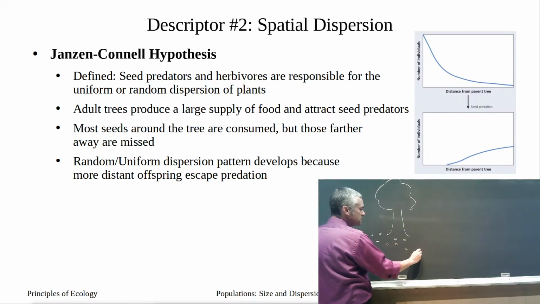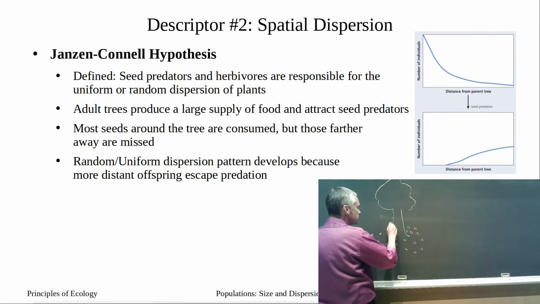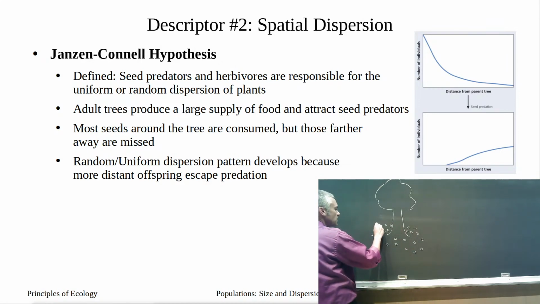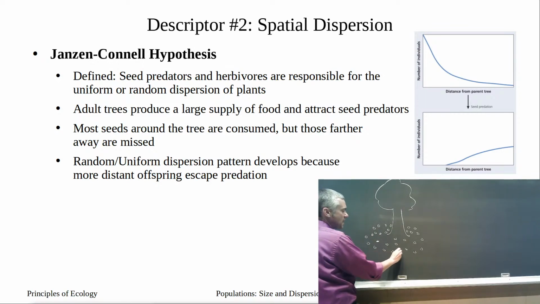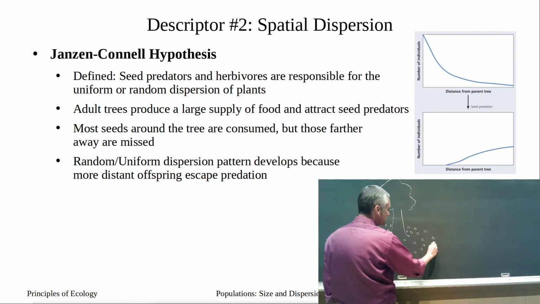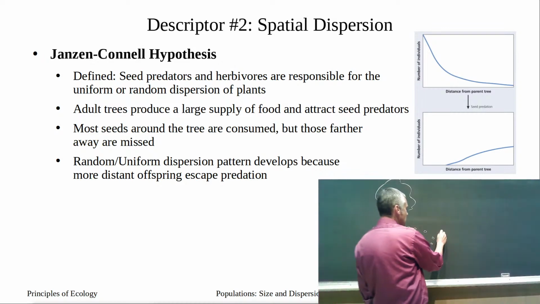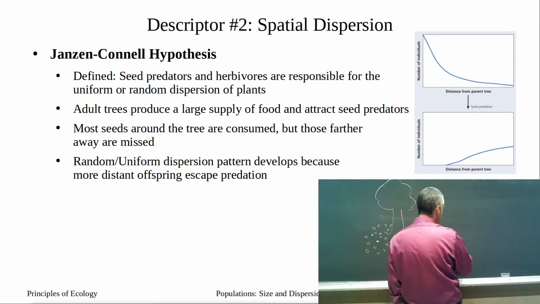So these are all the seeds on the ground. This represents a pretty large food supply. The seeds themselves are clumped. If they were to germinate, it would produce a clumped or aggregated distribution pattern.